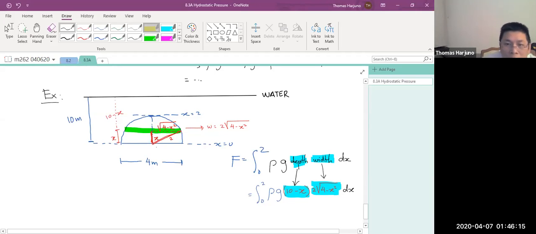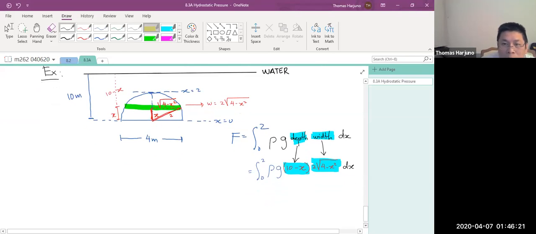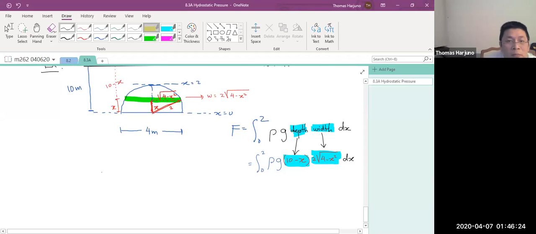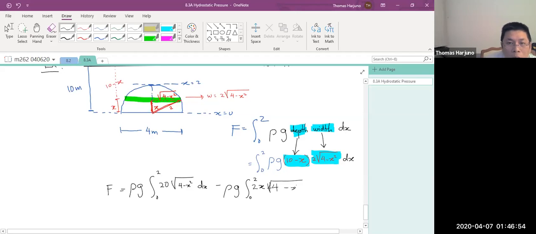Now, how to integrate this is another story. But if I were you, I will distribute that. F equals rho g integral from 0 to 2 of 20 times the square root of 4 minus x squared dx, if I distribute the 10, minus rho g integral from 0 to 2 of 2x square root of 4 minus x squared dx.